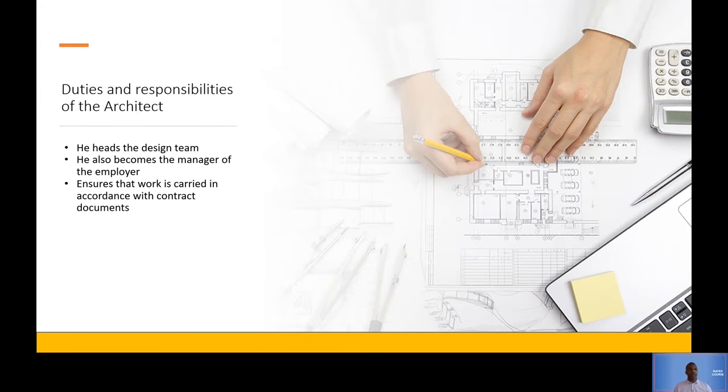He also becomes the manager, the CEO of the design team and the construction team as well. He manages everyone, and he ensures that work is carried out in accordance with contract documents. Now, remember that I said contract means during the construction.